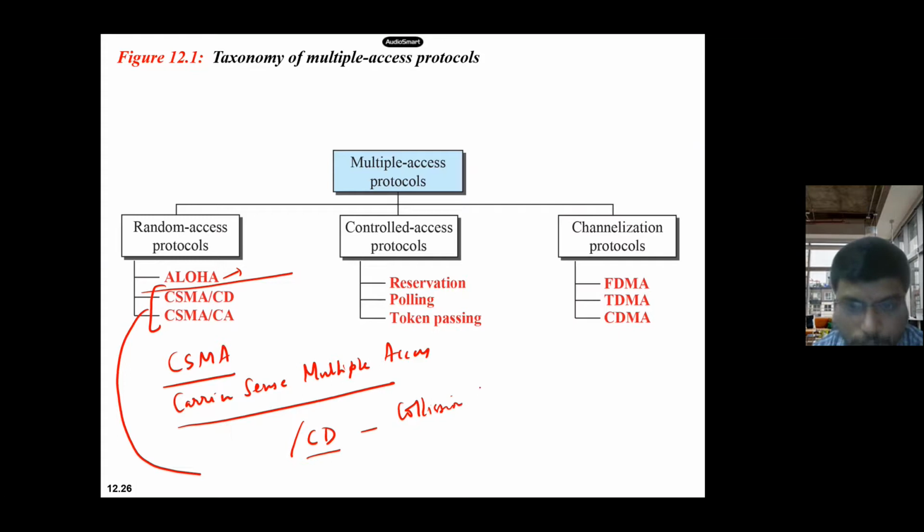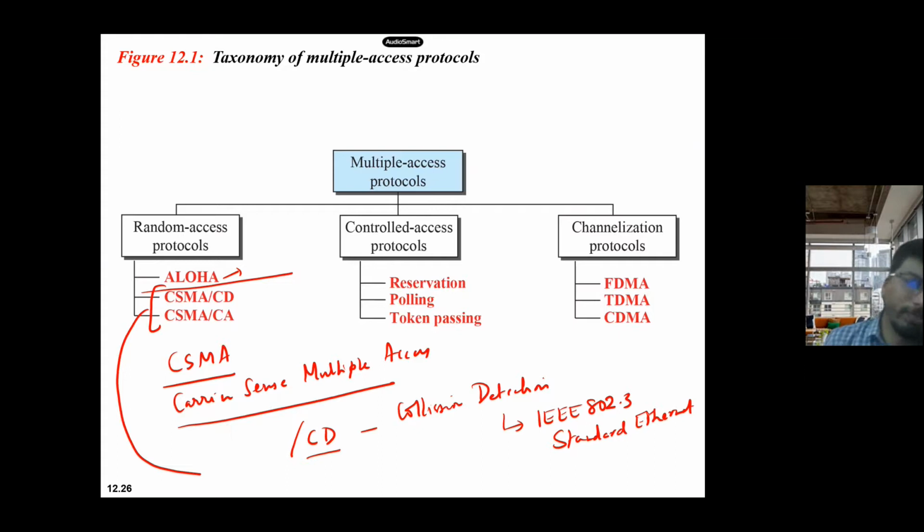And this was adopted in Ethernet in the early days. The IEEE standard is called IEEE 802.3. And the first version of Ethernet that came in was standard Ethernet. In those days you only had bus topology and all these devices were Ethernet enabled, right?